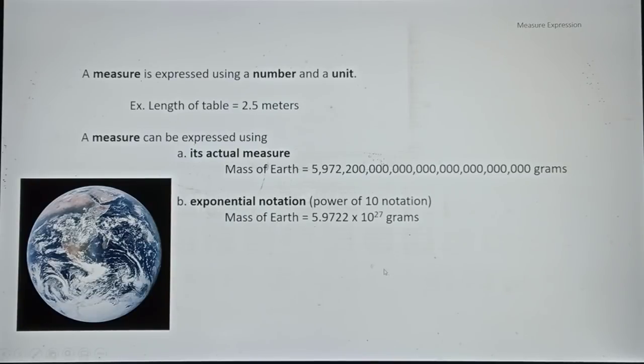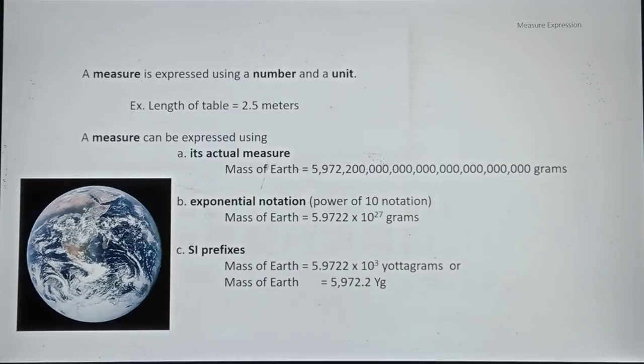That the mass of the Earth is 5.9722 times 10 raised to the 27 grams. We can also use the SI prefixes. That the mass of the Earth is 5.9722 times 10 raised to the third power yottagrams, or 5,972.2 yottagrams.